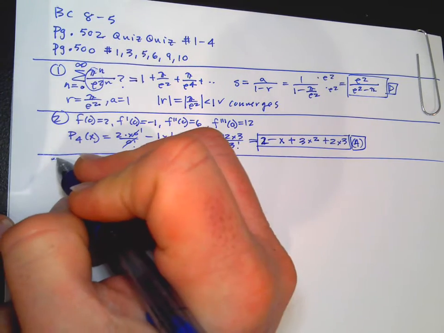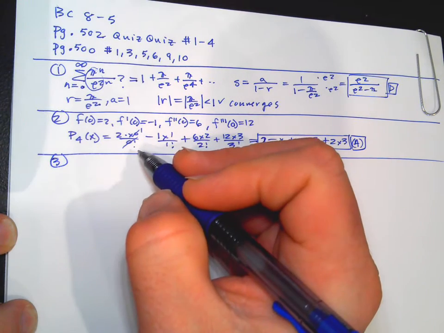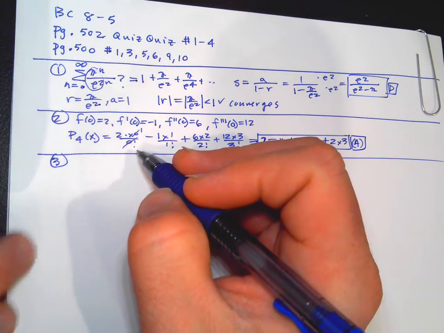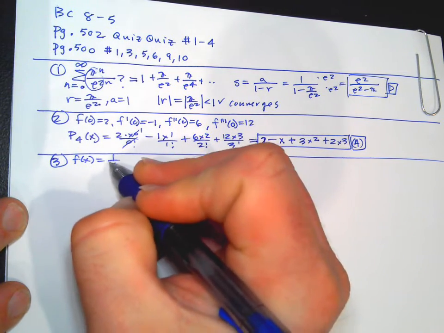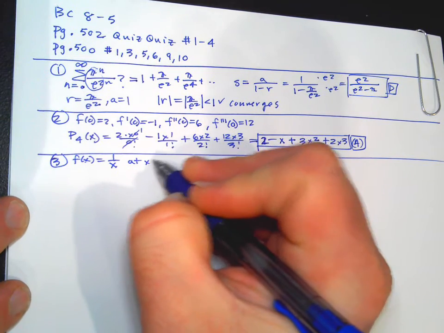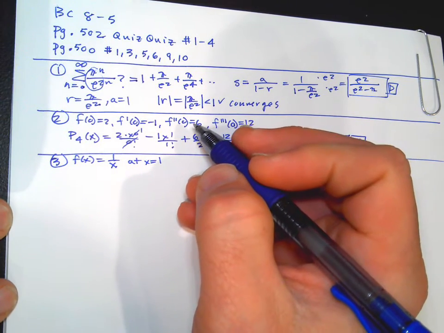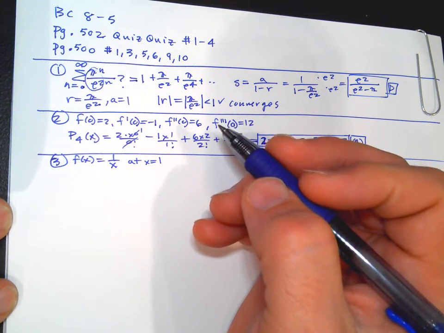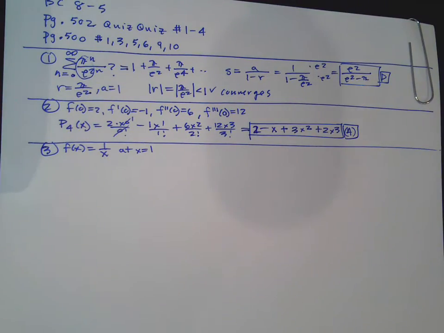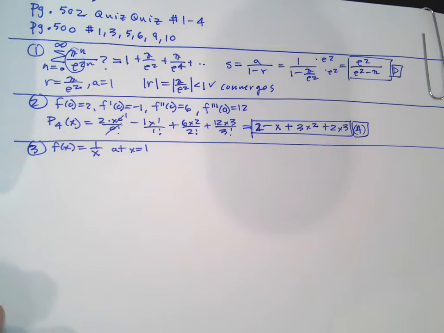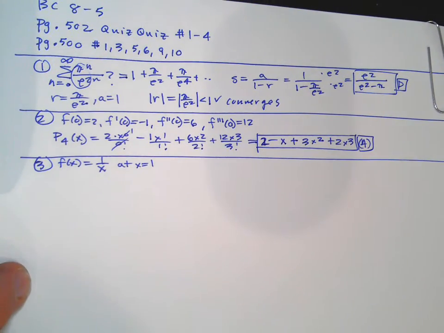Okay, number 3, multiple choice. Which of the following is a Taylor series generated by f of x equals 1 over x at x equals 1? So I think it's not a Maclaurin series, so those memorized versions aren't applicable. I think we just got to do the work.